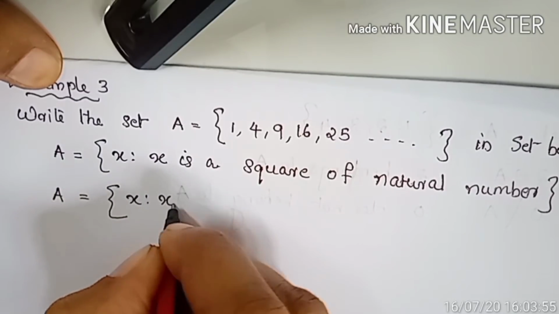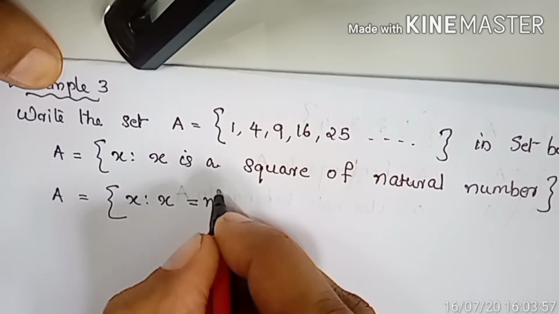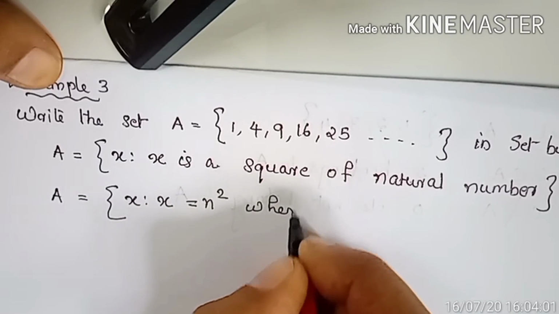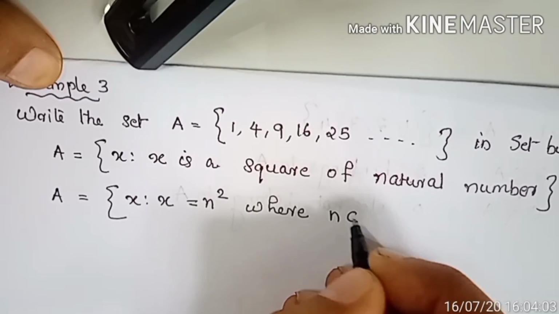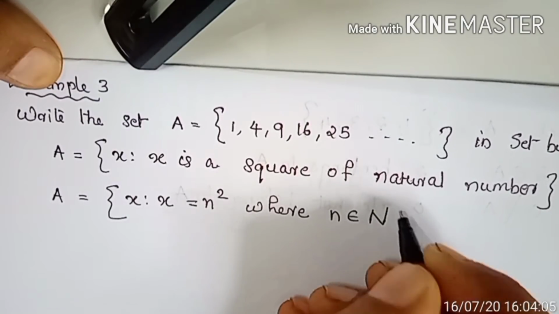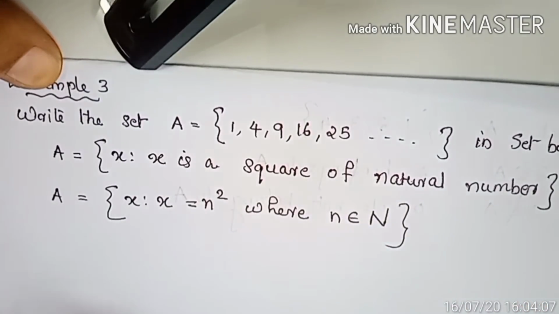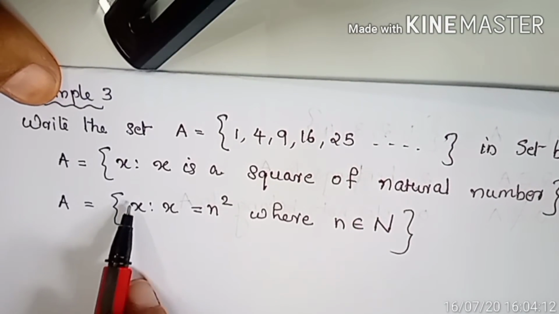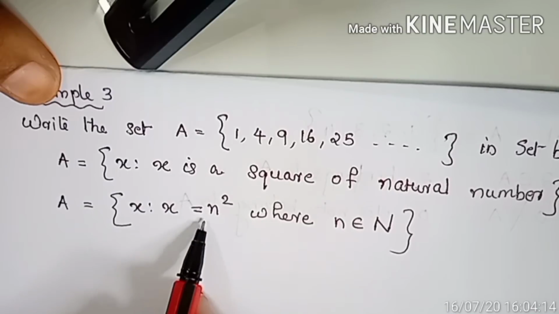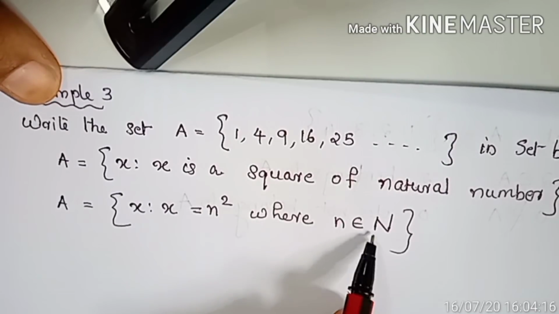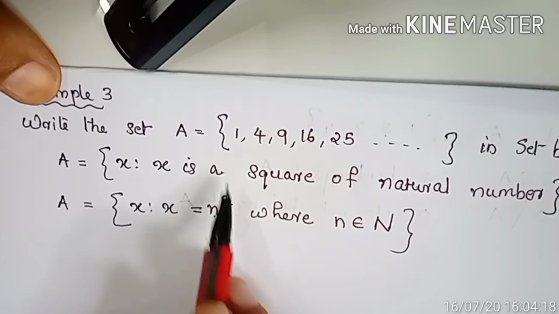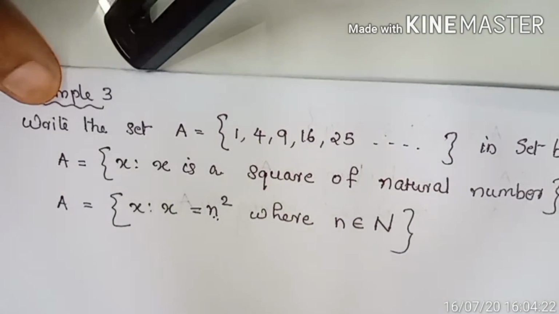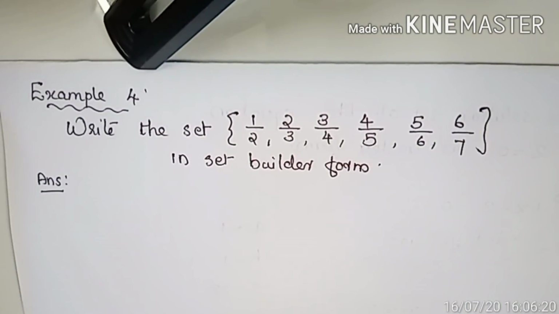A is equal to set of all x such that x is equal to n square, where n is an element of natural numbers. So 1 square equal to 1, 2 square equal to 4, 3 square equal to 9, etc.